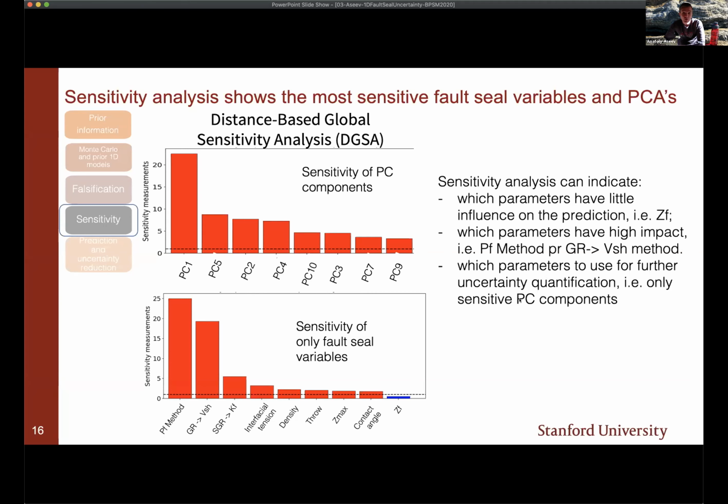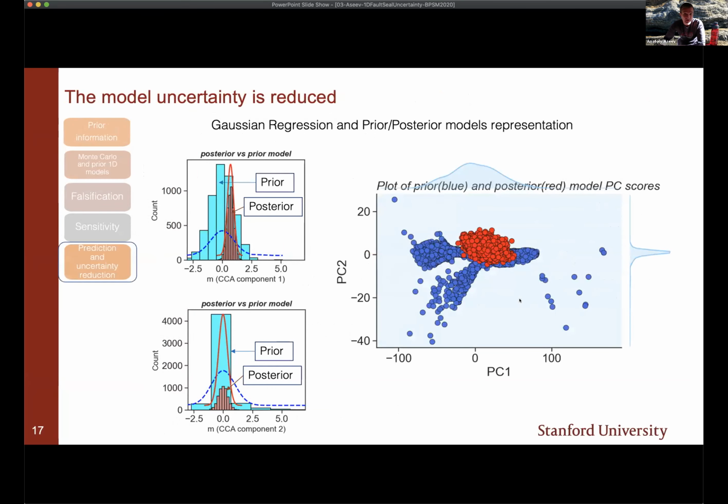Then we run canonical correlation analysis, which is multivariate analysis of correlation between simulated data and principal components. After that, we run Gaussian regression and represent in histogram our prior model, which is blue, and posterior model, which is red.